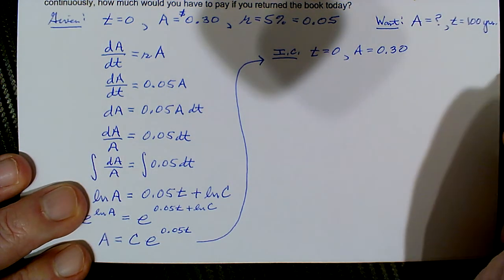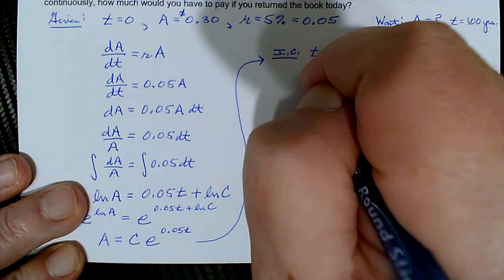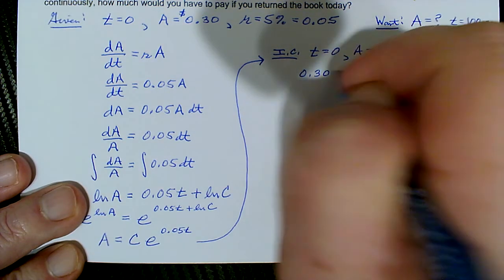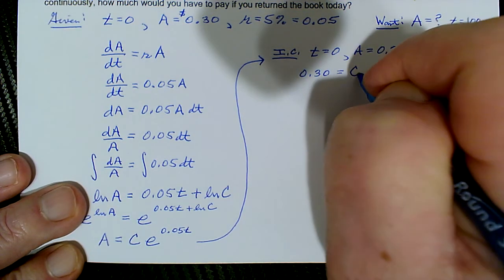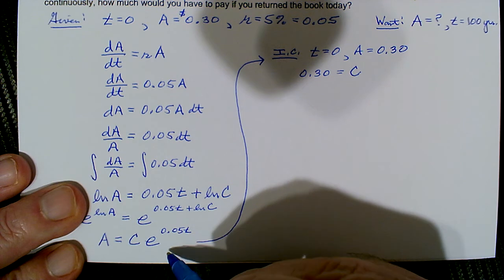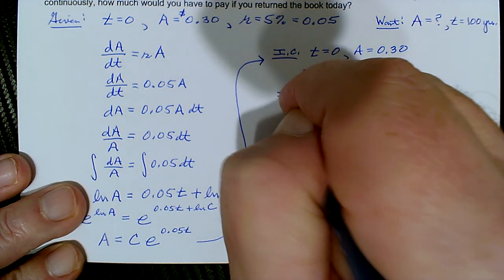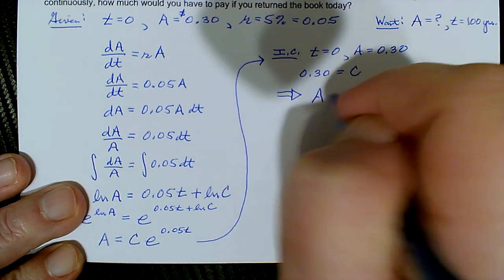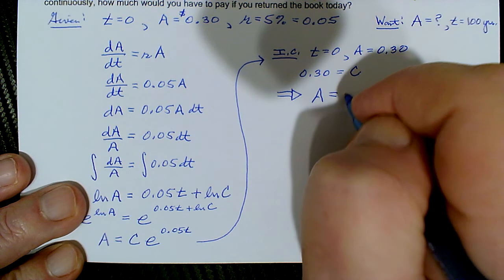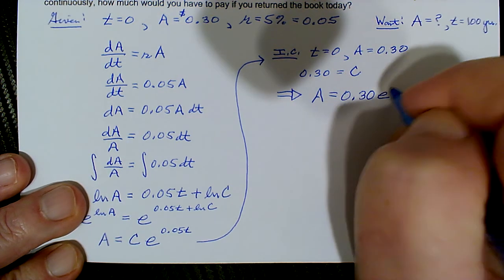We'll just get rid of the dollar symbol. So into our general solution, 0.30 equals c, because if t is 0, this would be e to the 0, which is 1. So then we get the general equation that A equals 0.30 e to the 0.05t.